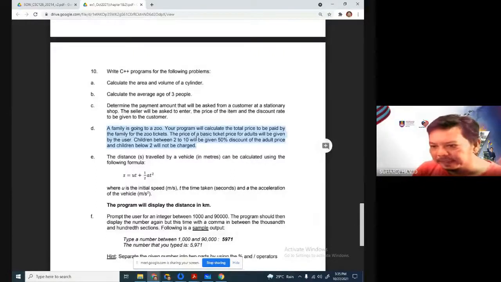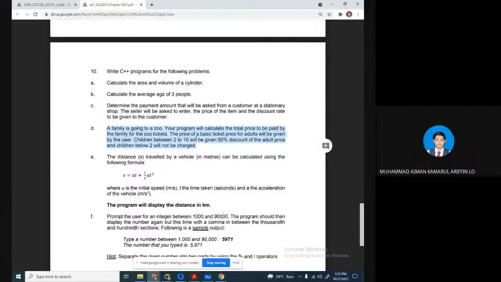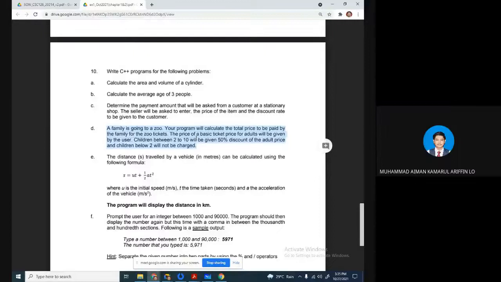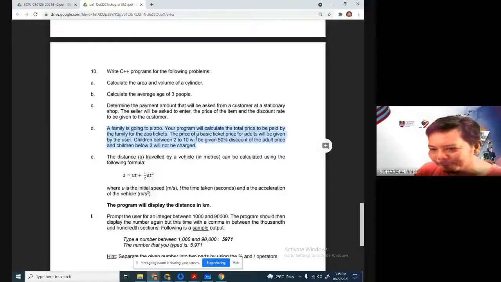Yeah, we settle for 4. First input is the ticket price for adults. Second input will be the number of adults. Then the number of children between 2 and 10. And the number of children below 2.